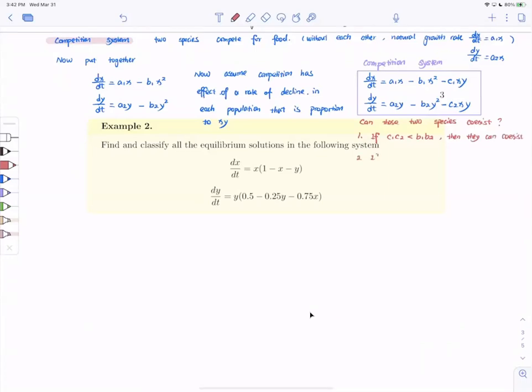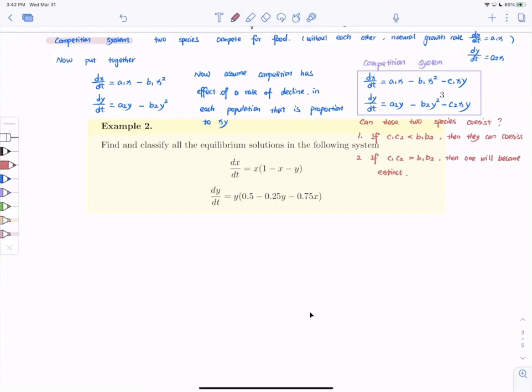Second, if c1c2 is greater than b1b2, then one of them will become extinct.